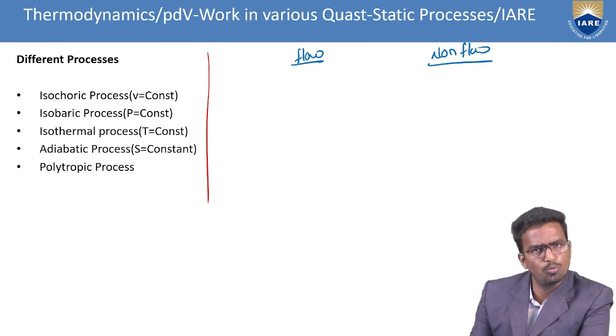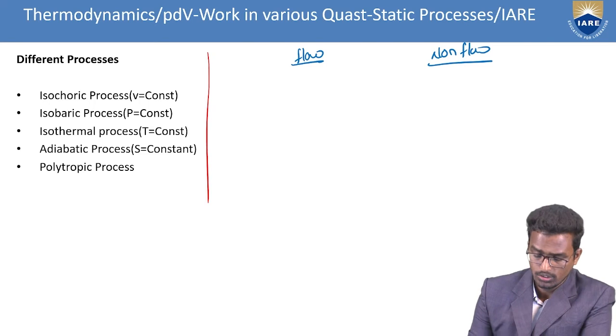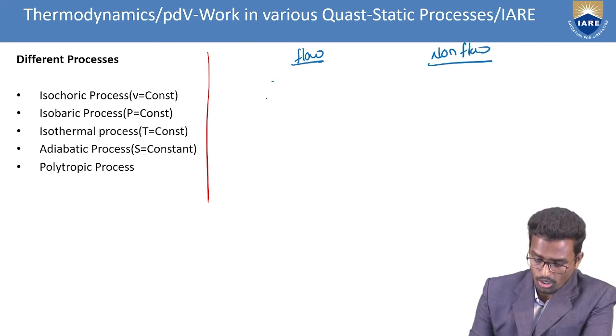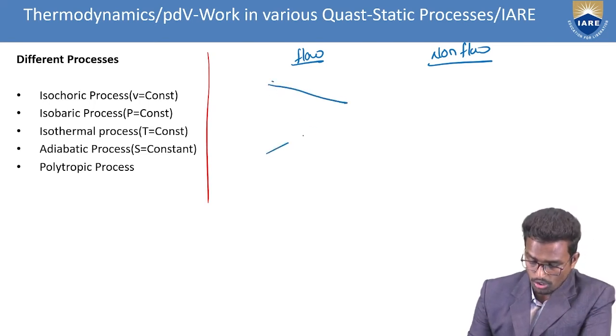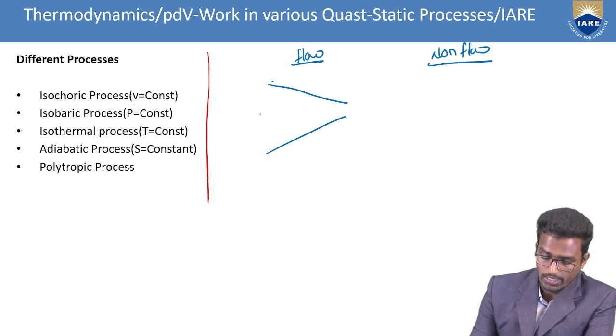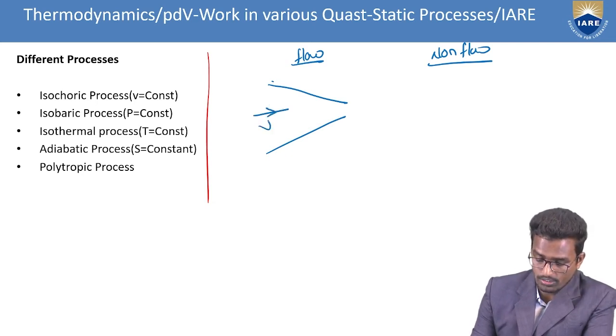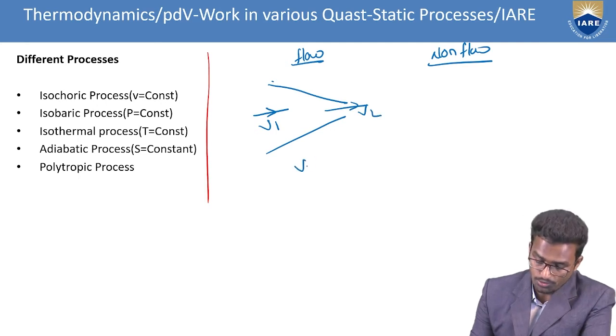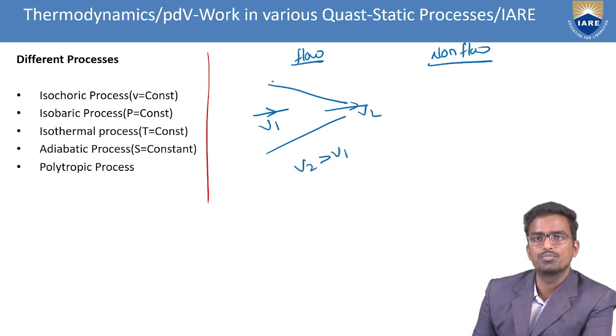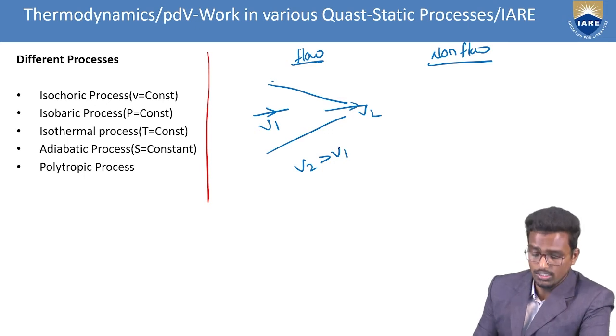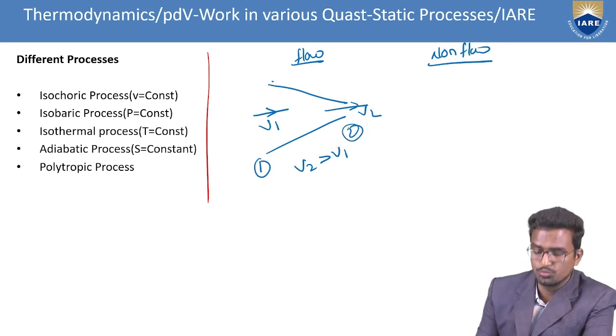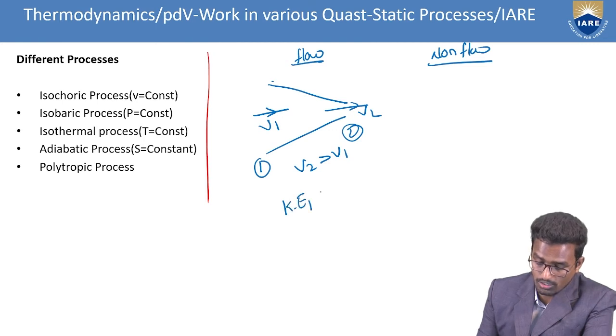What is a flow process? I give an example: a nozzle. What is the function of a nozzle? It changes the velocity from V1 to V2, where V2 is greater than V1. That means it increases the velocity from state 1 to state 2, so the kinetic energy at state 1 is less than the kinetic energy at state 2.